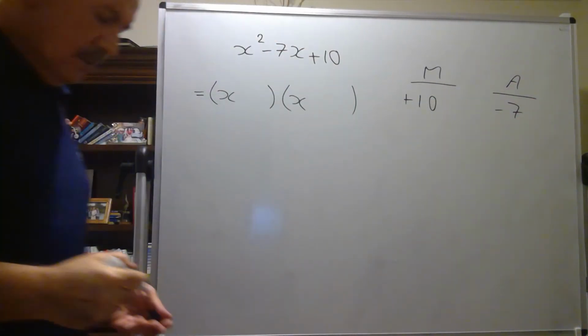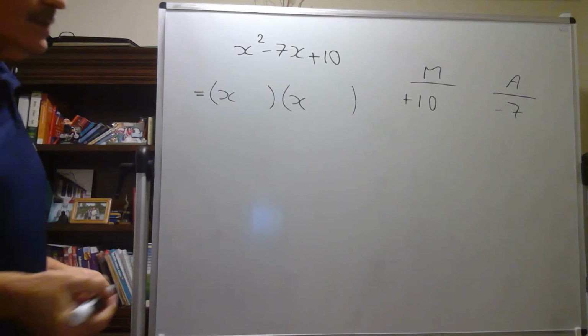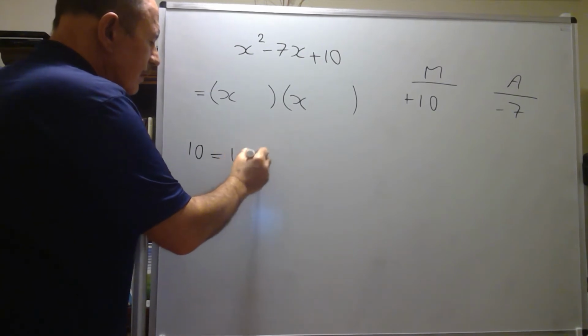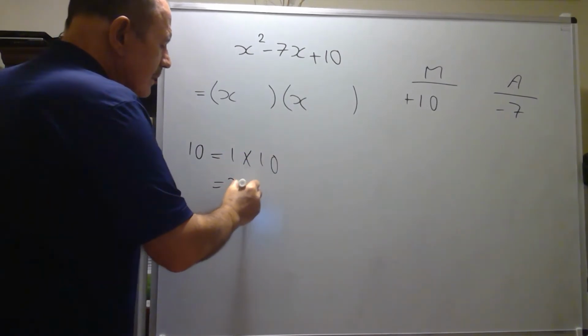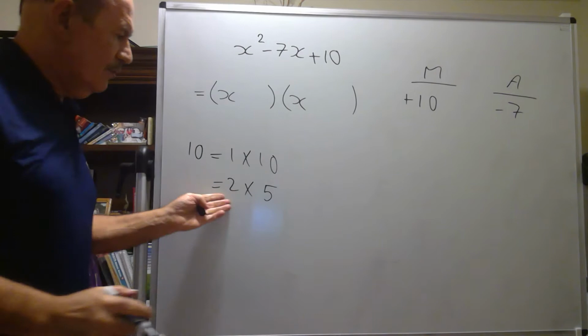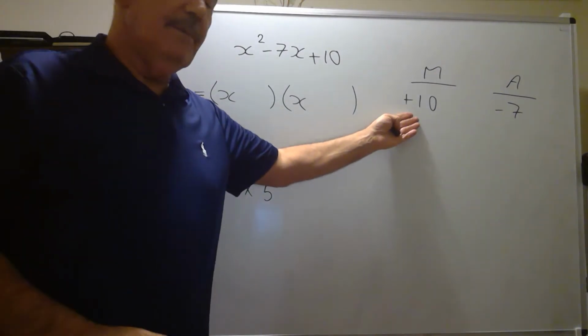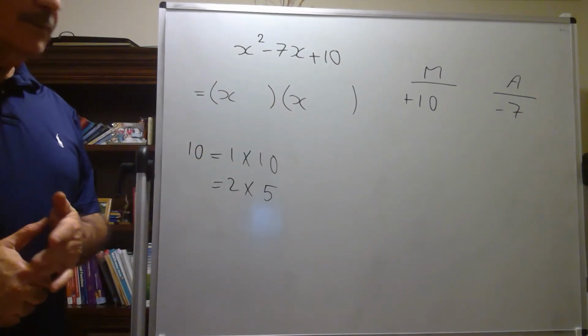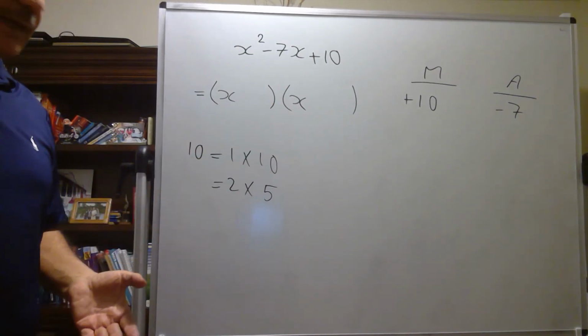So, what are those numbers? If the numbers don't come to your mind, just find all factors of 10, which are 1 times 10 and 2 times 5. As you see, 2 times 5 gives me 10 and 2 plus 5 gives me 7. But I'm looking for negative 7, not 7.